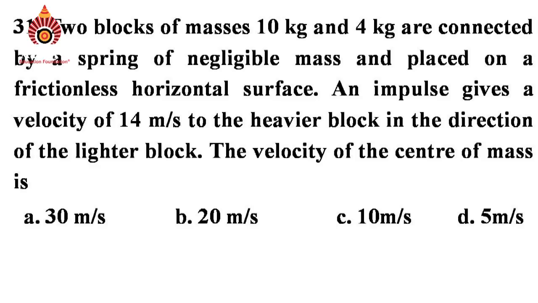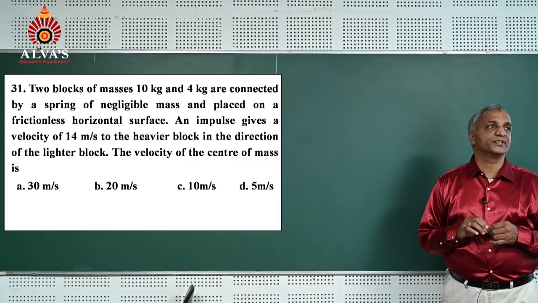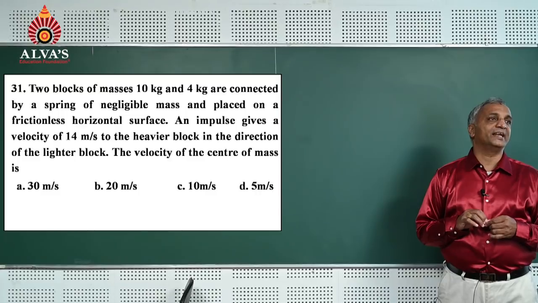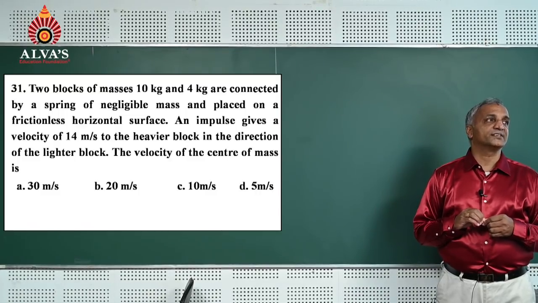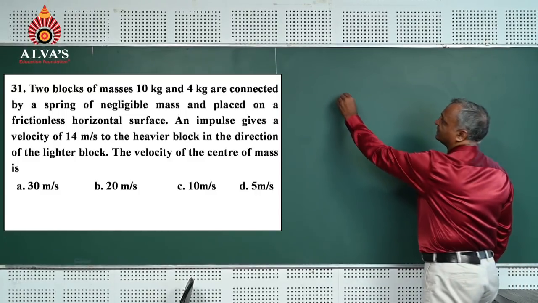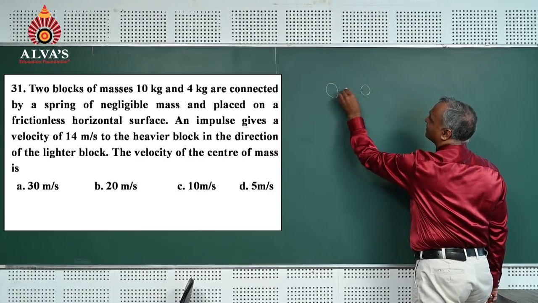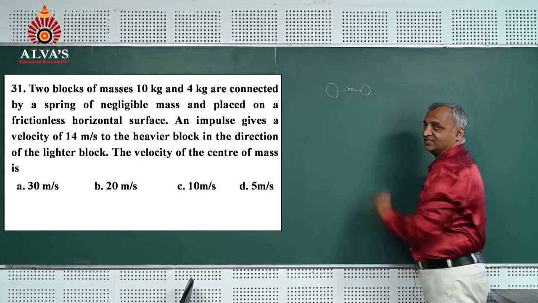Question number 31. Two blocks of masses 10 kg and 4 kg are connected by a spring of negligible mass and placed on a frictionless horizontal surface. An impulse gives a velocity of 14 meters per second to the heavier block in direction of the lighter block. The velocity of the center of mass is. You have a heavier mass and a lighter mass connected by a spring like this.